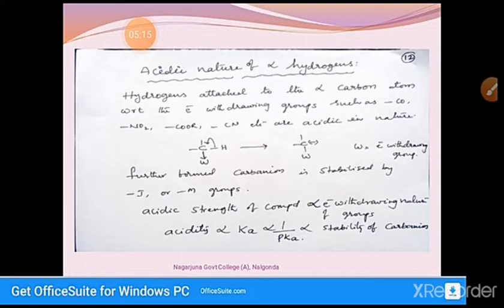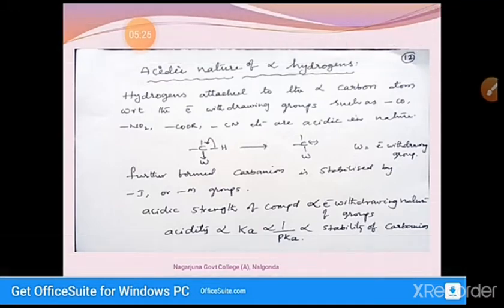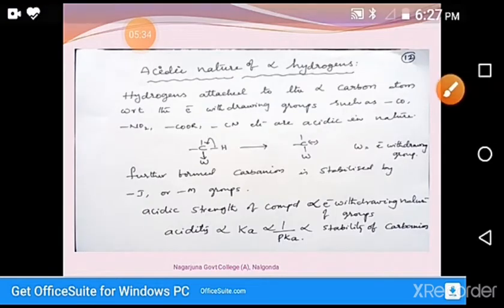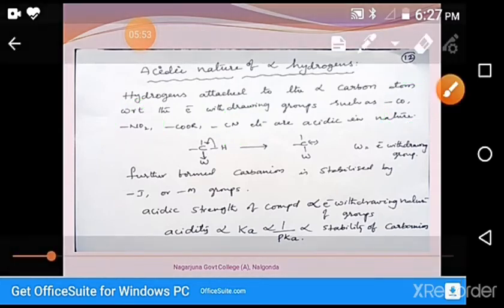These are hydrogens attached to the alpha carbon atom with respect to electron withdrawing groups such as carbonyl, nitro group, carboxyl group and cyanide group. Whenever these groups are attached to a carbon, if that carbon bears a hydrogen, that is called an alpha hydrogen.